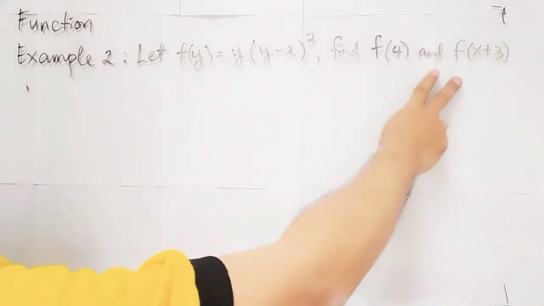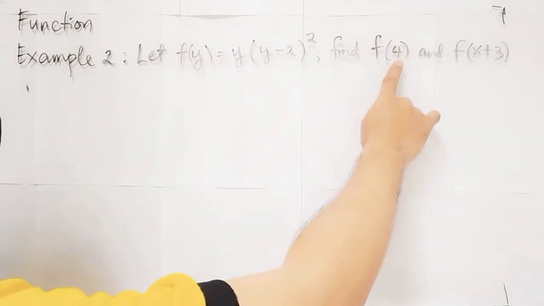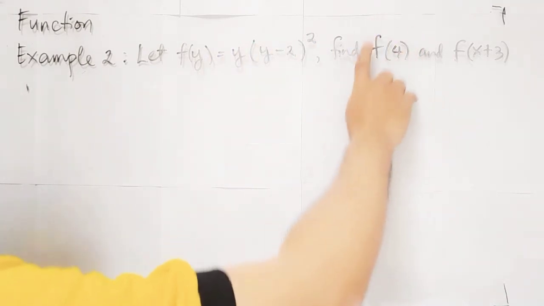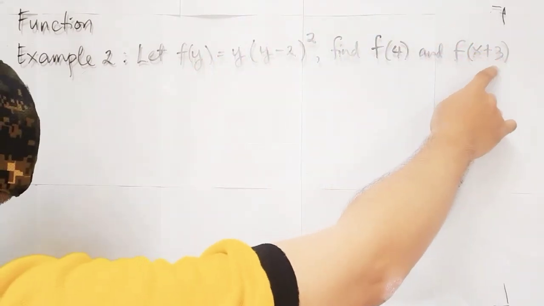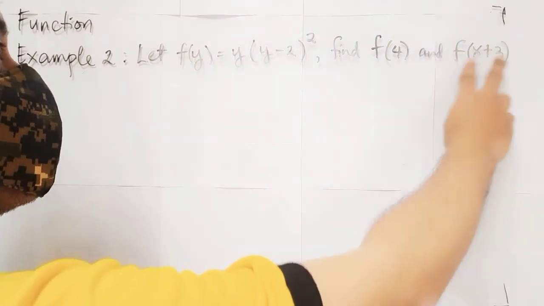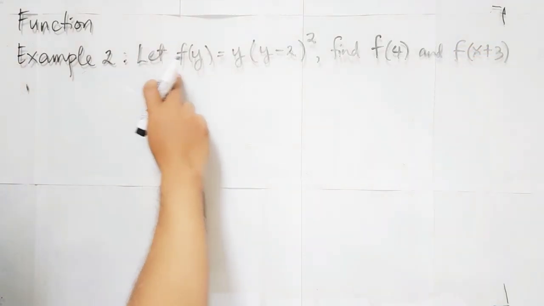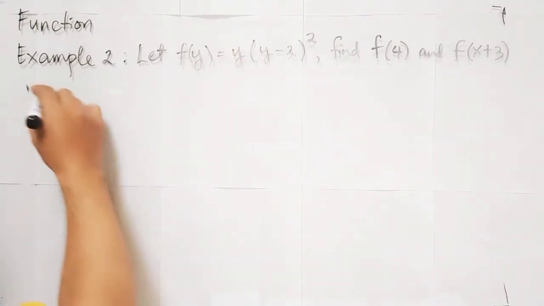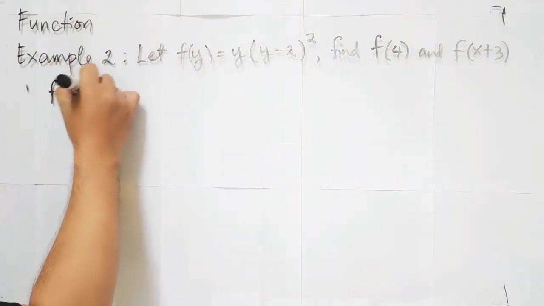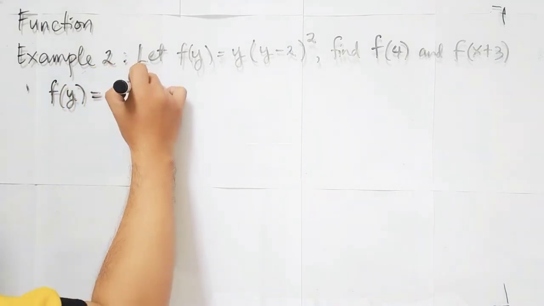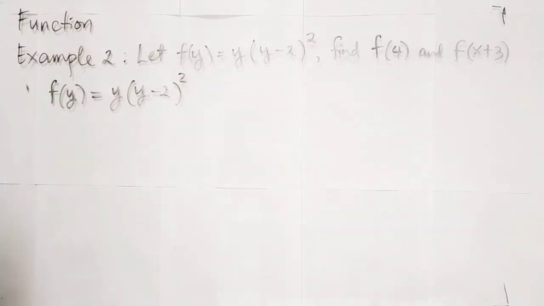Again, to solve this, instead of writing y, we will write 4 for f of 4, and x plus 3 for f of x plus 3. So I will rewrite first our function: f of y is equivalent to y times (y minus 2) raised to 2.